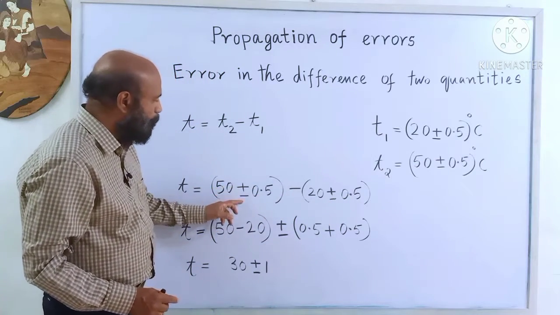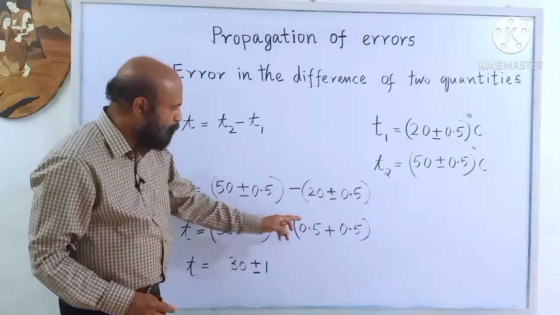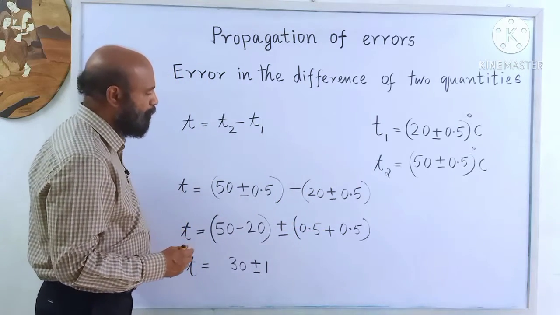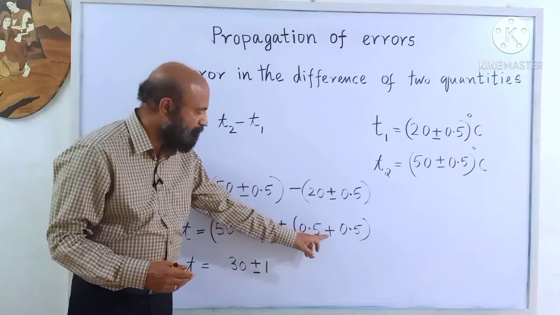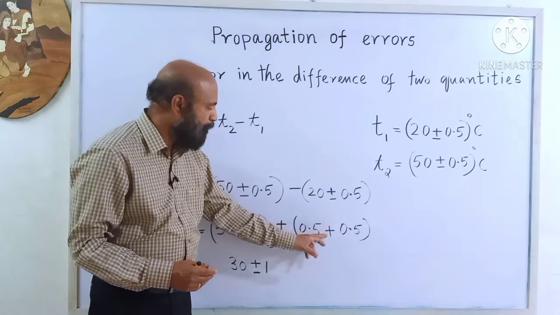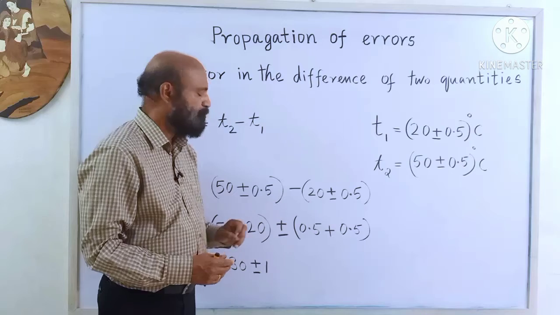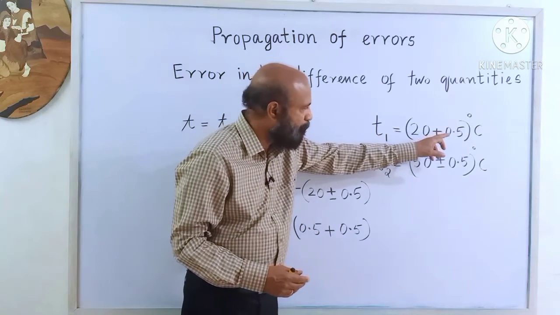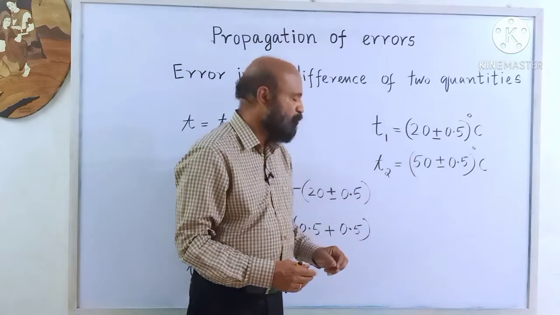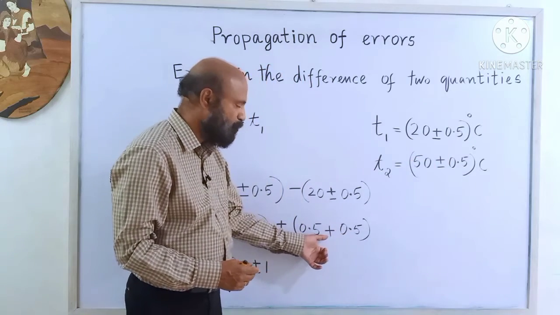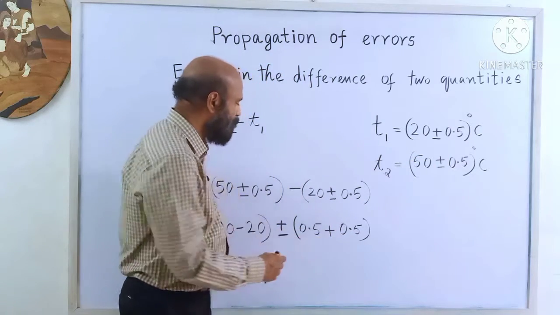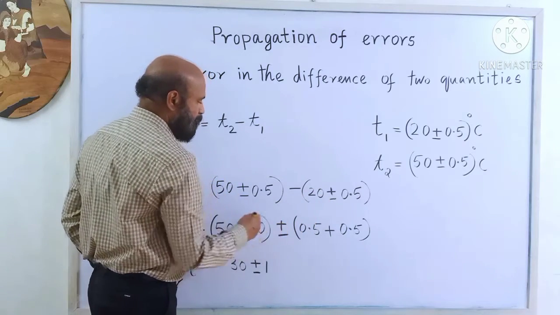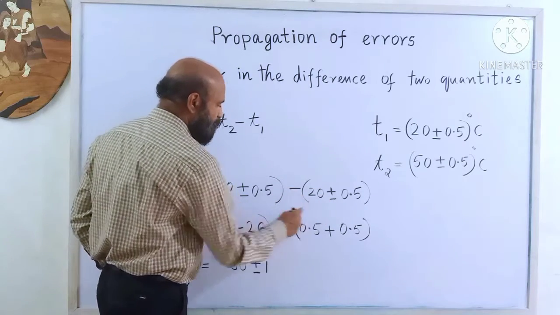If you take a plus or minus outside, then there is a confusion whether to write minus inside. Error means maximum possible error. Suppose you take a minus here, 0.5 minus 0.5, so error will become 0. That cannot happen. In the individual measurements, there are errors, so it will not get cancelled. So here it should not be minus, it should be plus or minus. After taking this outside, don't put this minus inside.